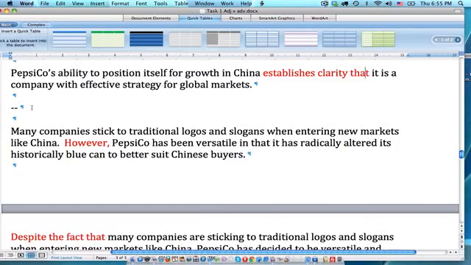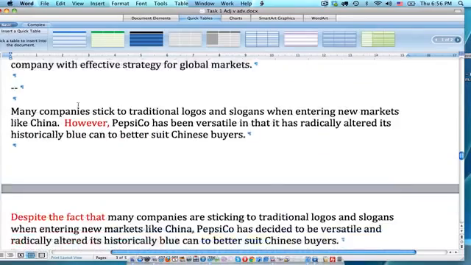And so we're just using a bit of contrasting language to show that there's a difference between the two and that PepsiCo is doing the right thing. So many companies stick to traditional logos and slogans when entering new markets like China. This would be an example, by the way. However, PepsiCo has been versatile in that it has radically altered its historically blue can to better suit Chinese buyers.